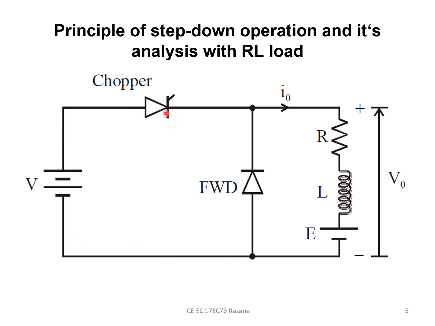When the chopper is off, the freewheeling diode FWD comes into picture and the inductive energy that is stored here will be freewheeled through this diode. So the current will not stop flowing through the load, but it will be a decreasing current whenever the freewheeling diode conducts, whereas when the chopper is connected, the current will be increasing through the load.